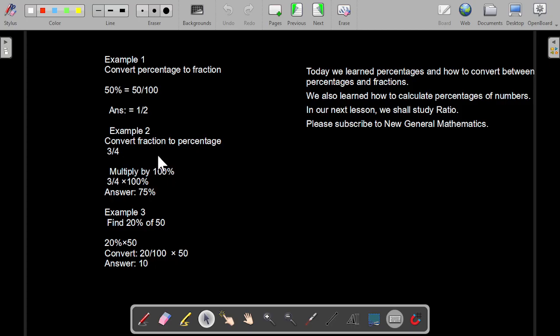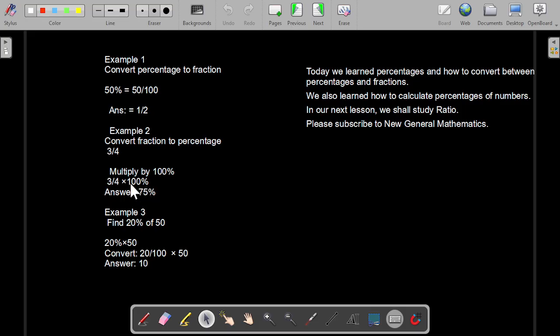When you are converting any number to percentage, you are going to multiply by 100. Just like when converting percentage to fraction you divide by 100, when you are converting a fraction or any other number to percentage, you multiply it by 100.